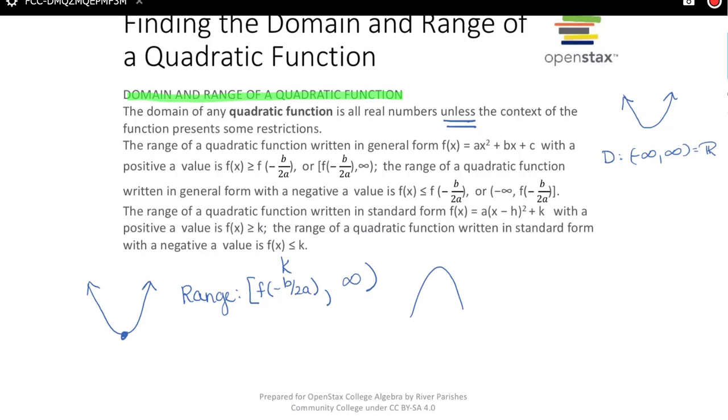Now, if it opens down, that means that the range goes from negative infinity to k. And again, k is the y-coordinate of the vertex, which we find using negative b over 2a for h.